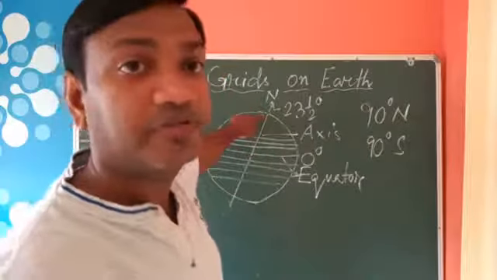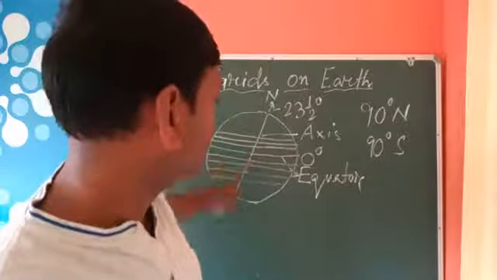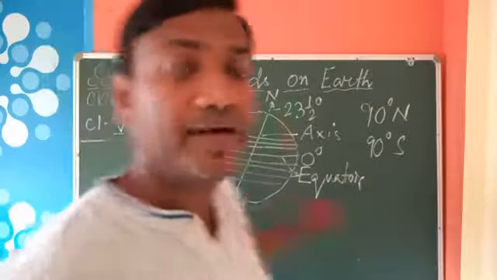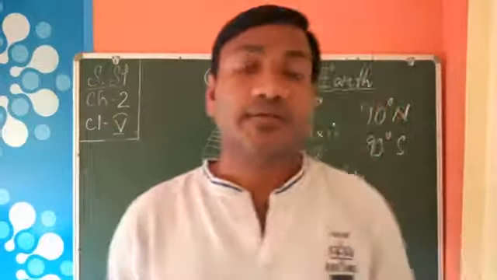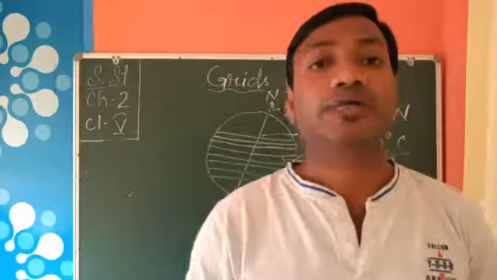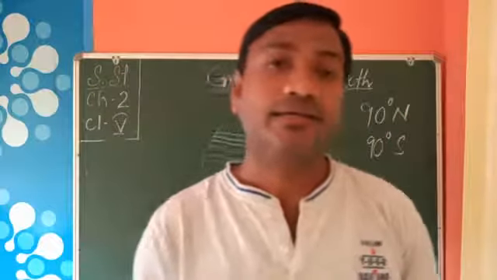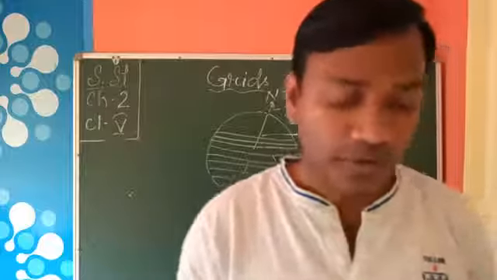And if we go to the southern hemisphere, there also we find 90 latitudes. So there are a total of 180 latitudes on the globe.